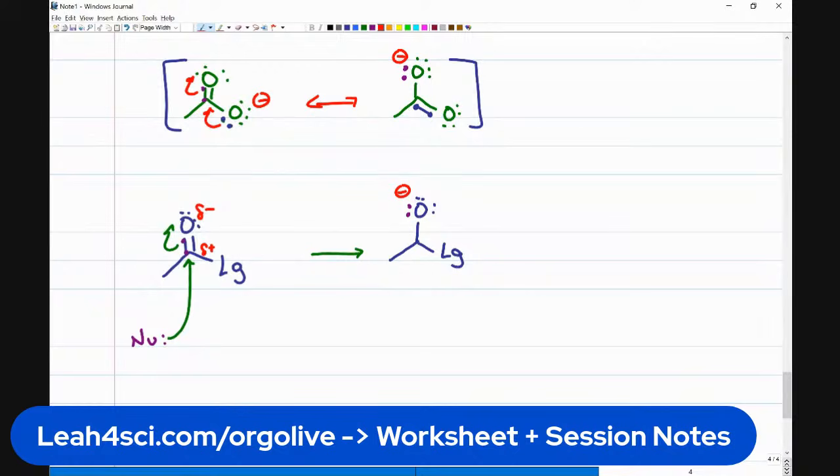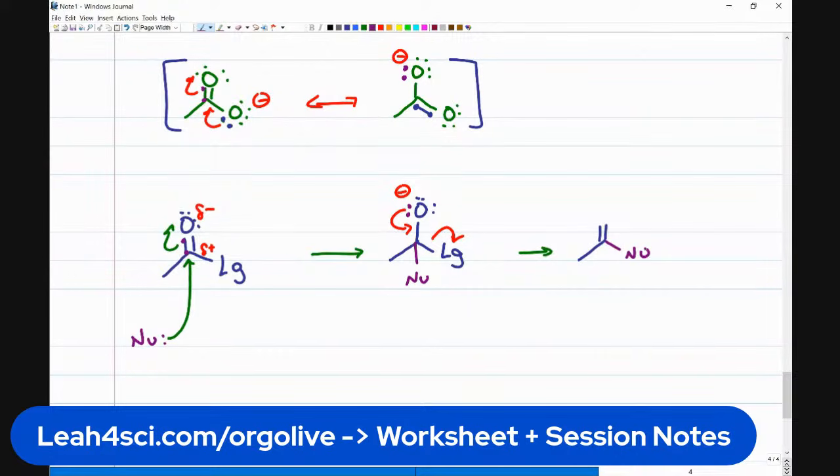But now, if we have a leaving group, then the electrons can come back down and kick out the leaving group. If you kick out the leaving group, what you did here is reform, well, we forgot the nucleophile. The nucleophile is still attached.